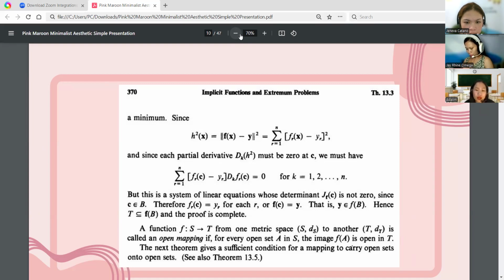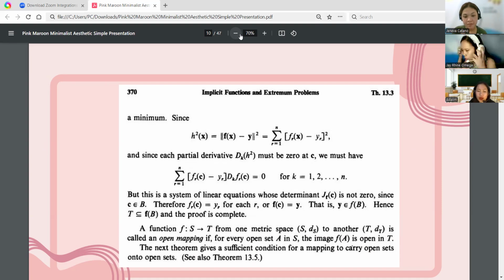I'm not going to read that one because I don't know exactly how to read it. It's so difficult. But this is a system of linear equations whose determinant J sub f(c) is not zero since c is in B. Therefore, f sub r of c equals y sub r for each r, or f(c) equals y, that is y is in f(B), hence in T. Okay, here we are again.